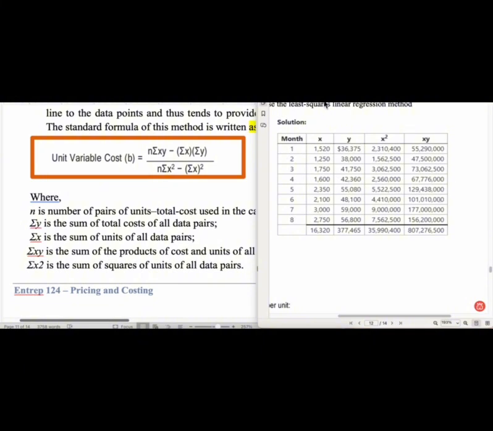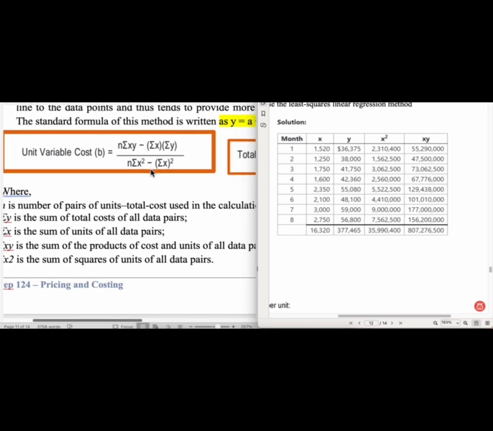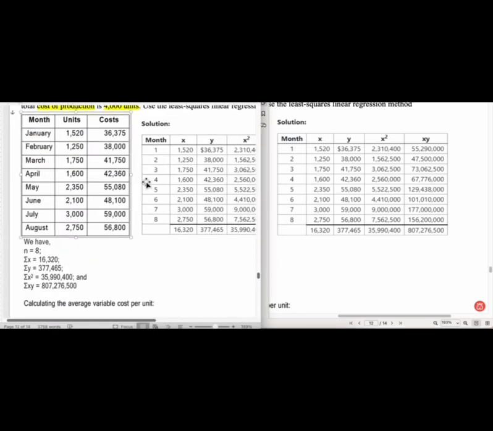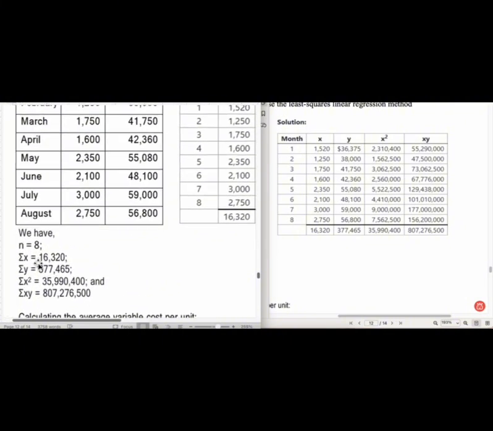So since we have every piece of data that we need, we can now solve using the formula. As you solve, you can segregate the values and substitute them.